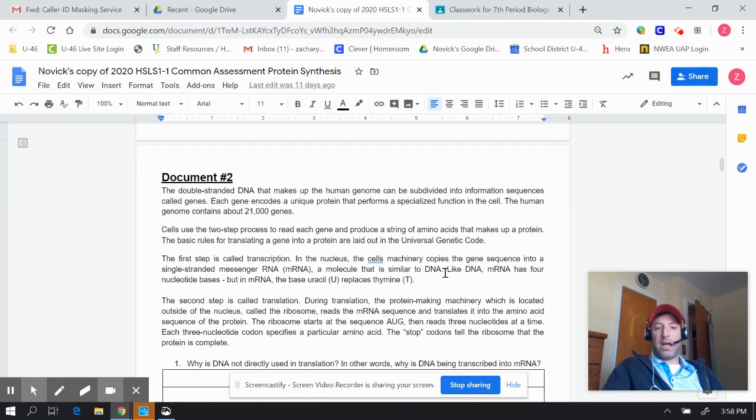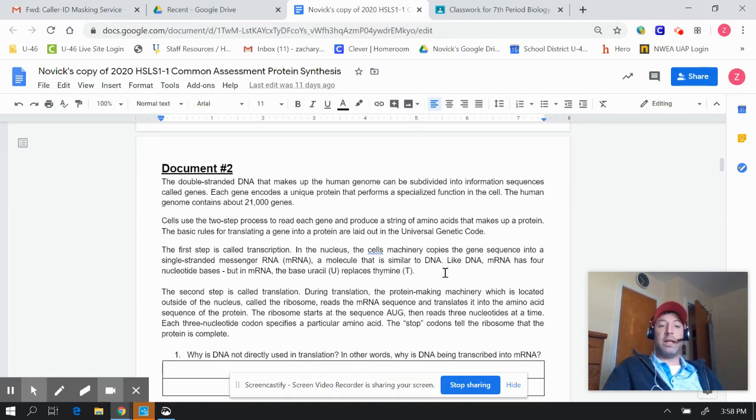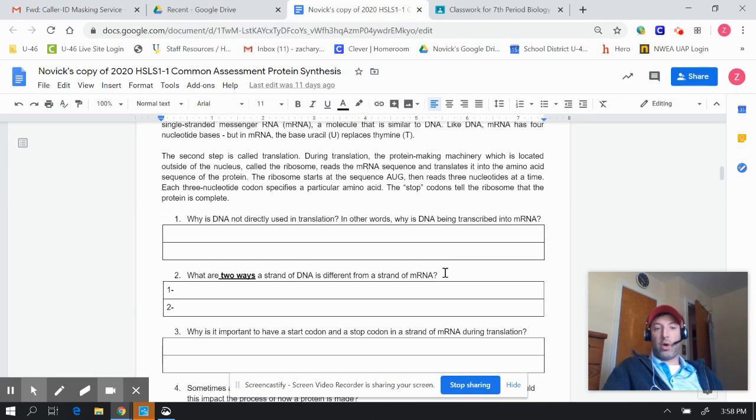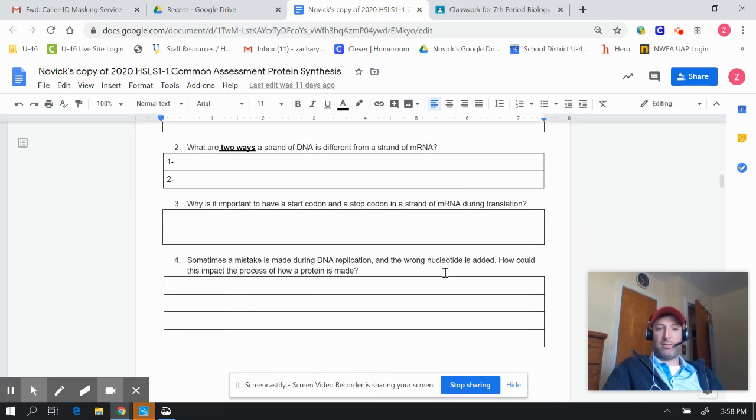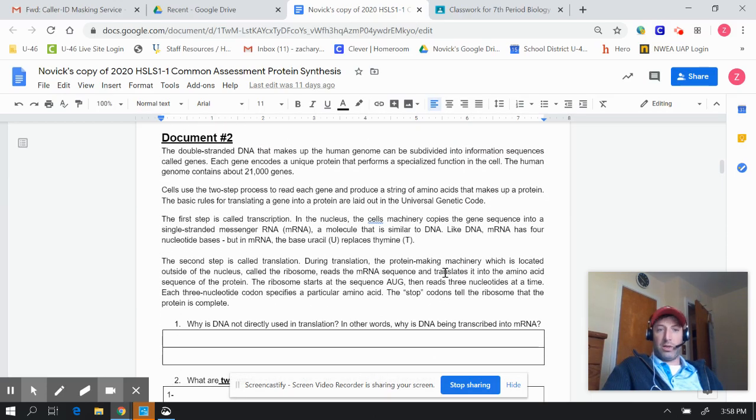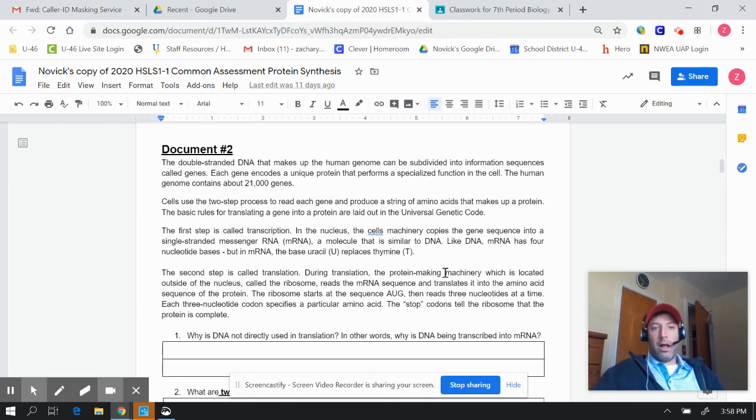All right, document two. Here's a short reading. This reading is used to respond to all of these prompts. Here's the reading. The double-stranded DNA that makes up the human genome can be subdivided into information sequences called genes.